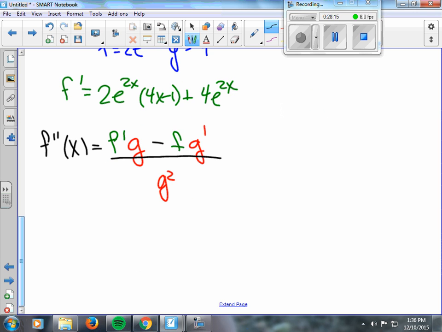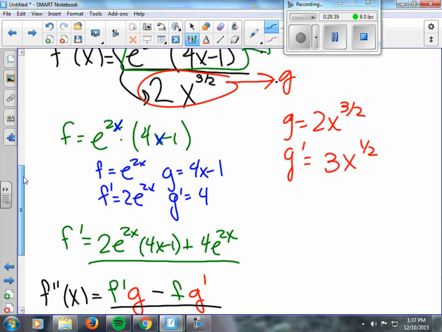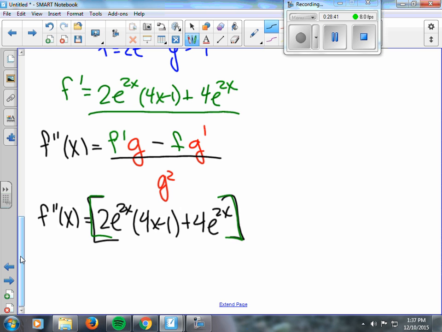All right, so what is that? Okay, so this is 2e to the 2x, 4x minus 1, plus 4e to the 2x. That's the f prime. That was this in green here. Times g. G was much simpler. He was just 2x to the 3/2, minus f.